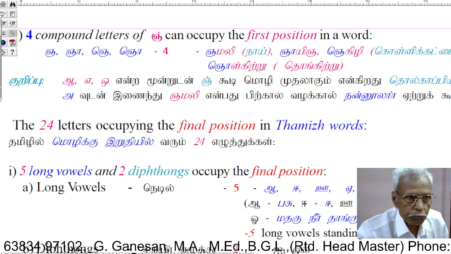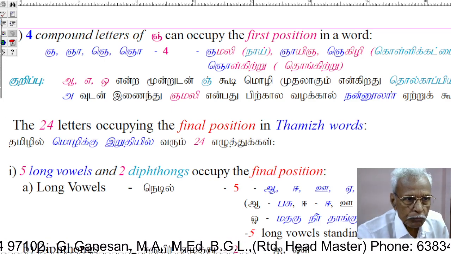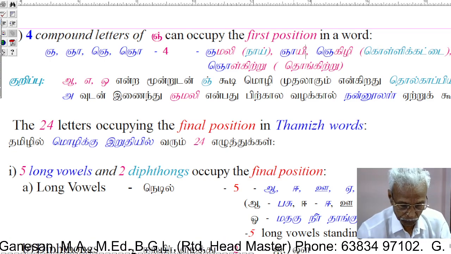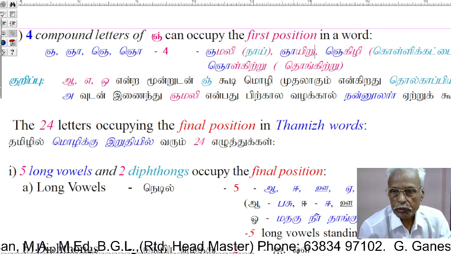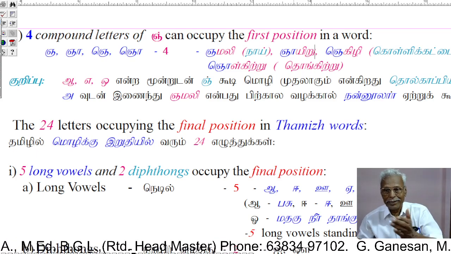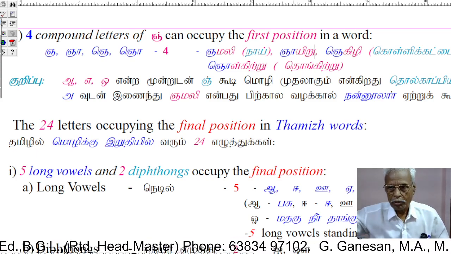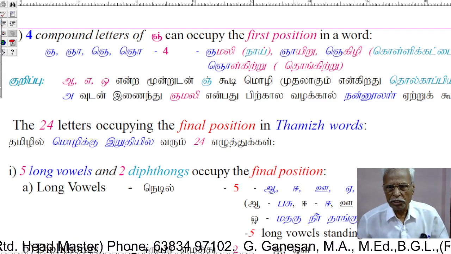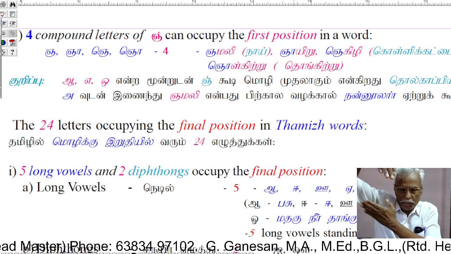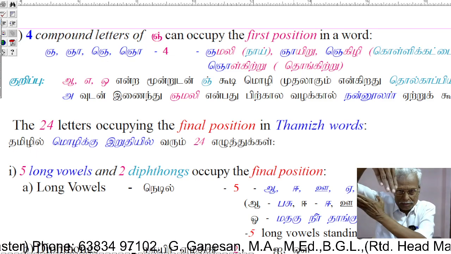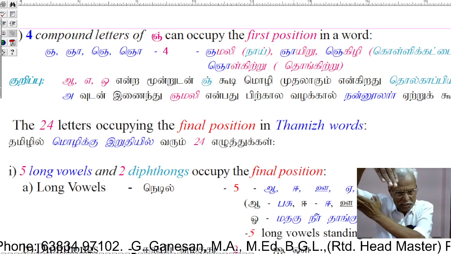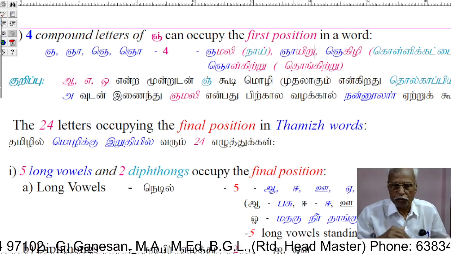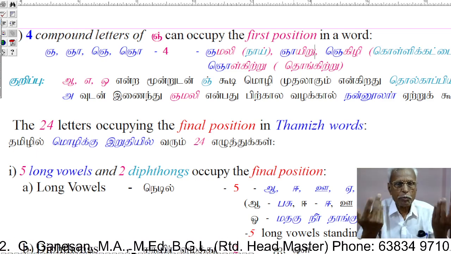Nyayiru, that is sun. Nigli, that is burning wood. Ngulkitu means hanged. These are the compound letters of the ing family that could occupy the first position.